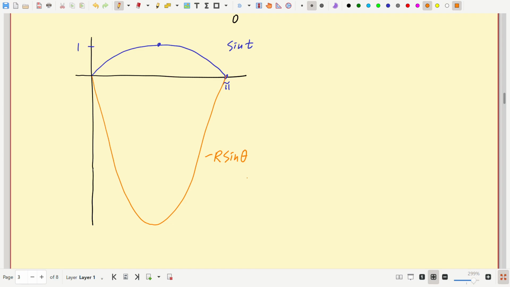Okay. And notice that the sine of t is concave down. That means if I draw this chord here, sine of t is above that. This is going to pi over 2.